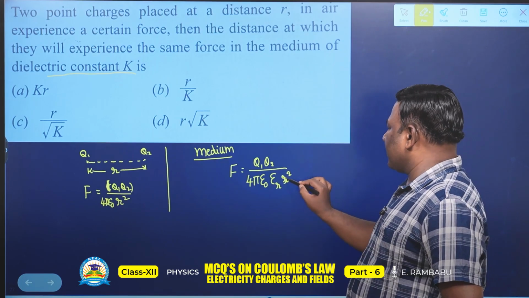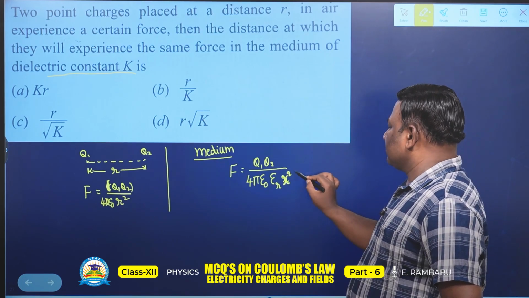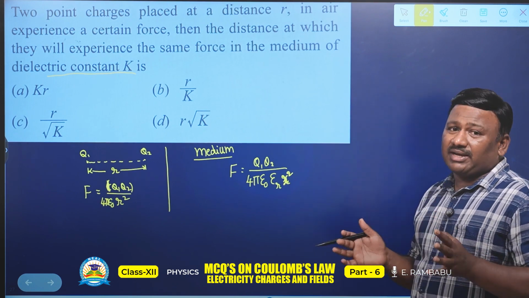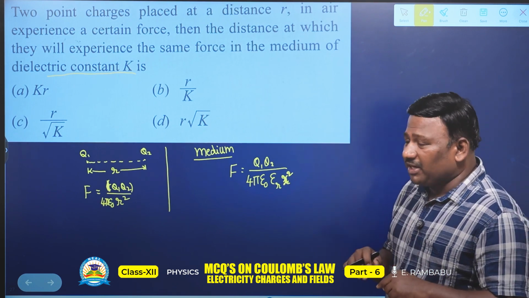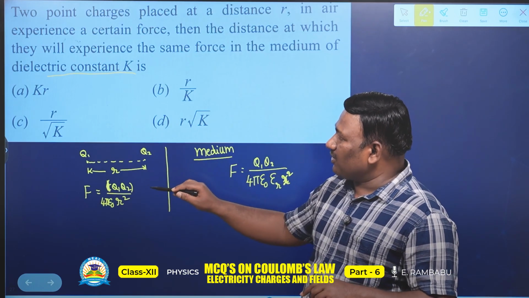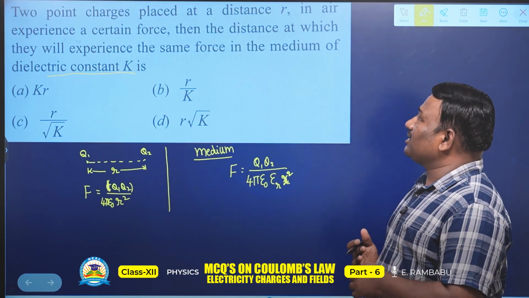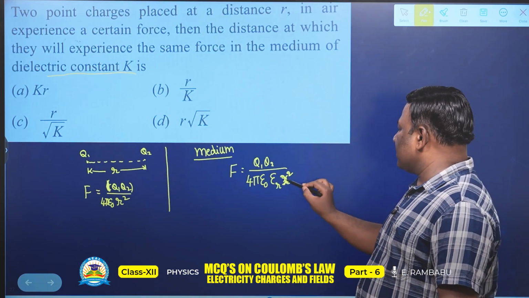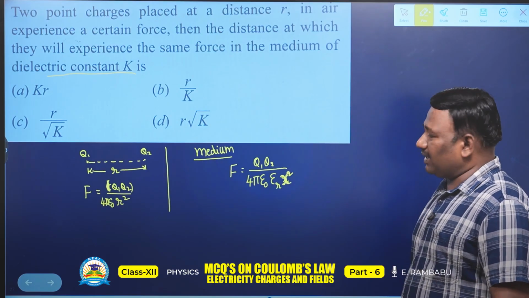K also represents the permittivity of the medium, relative permittivity of the medium or dielectric constant. It is known as epsilon r, or K also can be taken. The distance is taken as x square, because the force is different when we keep it at the same distance. But here what they mentioned is that both forces are equal. Then what is the distance between the two charges when they are kept in a medium? So I am going to consider this distance as x.